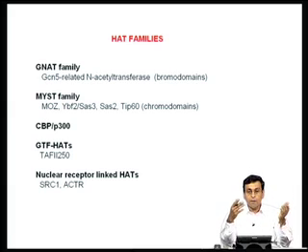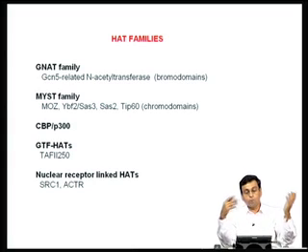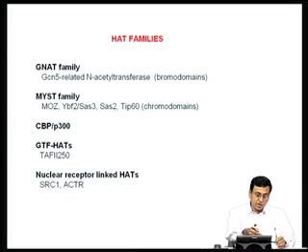So this opened up what is called the HAT family of proteins, some of which I have mentioned here, like the GNAT family, which consists of GCN5 related N-acetyltransferases, and the MYST family, which consists of MOZ, YBF2, SAS2, TIP60, etc. There is another important co-activator called CBP or p300.